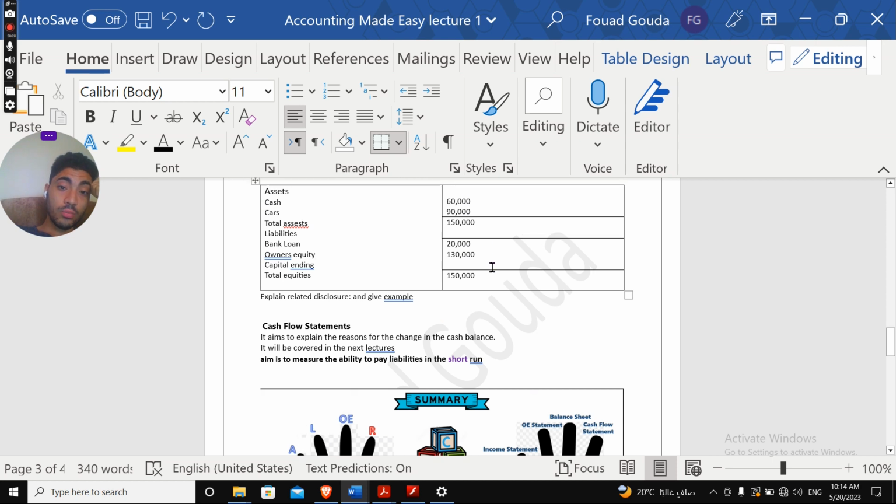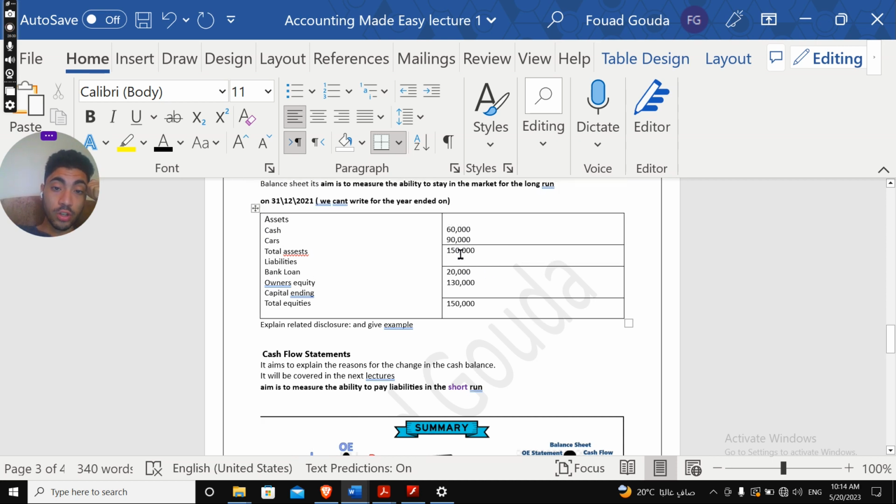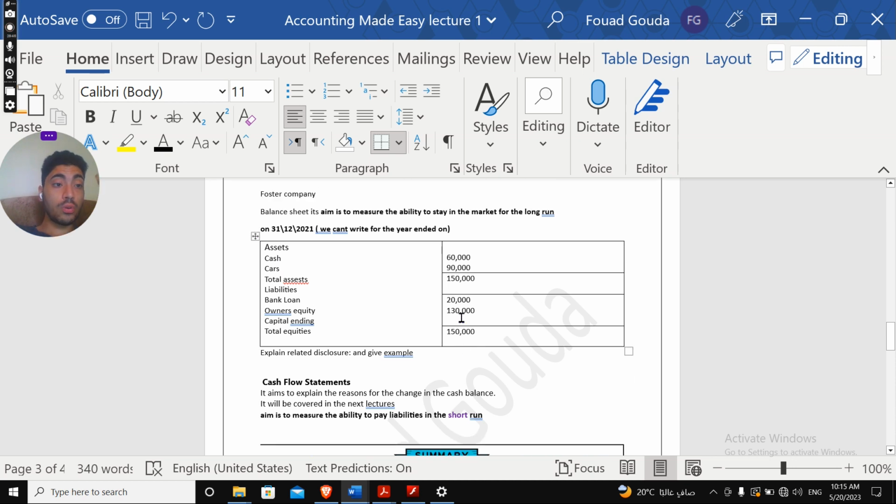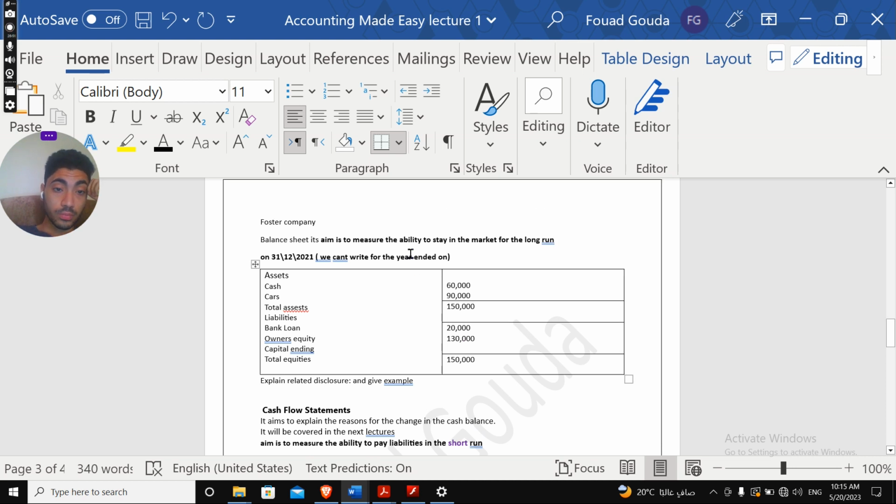Let's calculate: we find that assets of 150,000 equal liabilities plus owner's equity of 150,000. So that's the third statement that we provide. It's called the balance sheet, or it has another name, the position of the company.